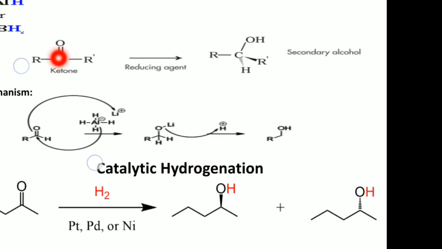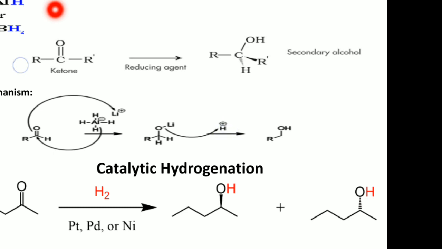The negatively charged AlH4 minus, which is the nucleophile for this reaction, attacks the carbonyl carbon this way, and lithium plus attacks the oxygen. The hydride H minus of aluminum hydride is connected with the carbonyl carbon, and lithium plus is connected to the oxygen.